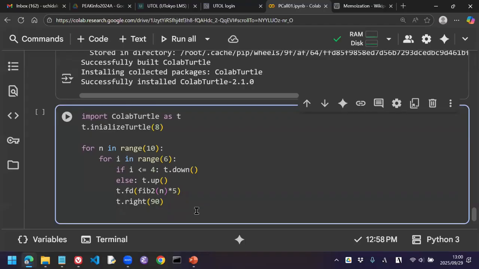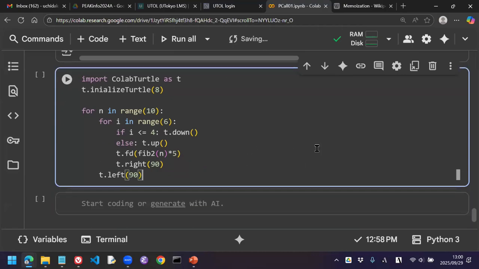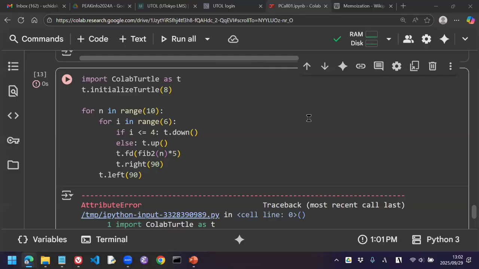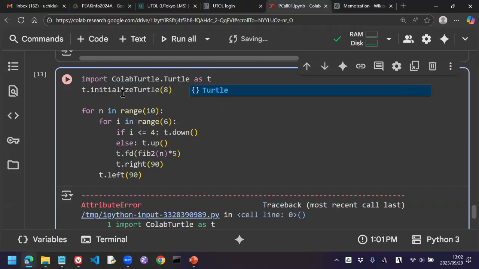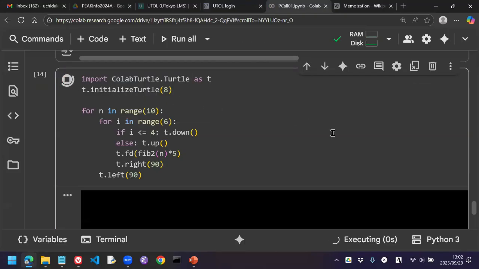This is all for drawing one. And then left 90 degrees. Okay, let's see how it looks. Oh, sorry, I should write ColabTurtle.Turtle as t, and then t.initializeTurtle 8. Let's run it.